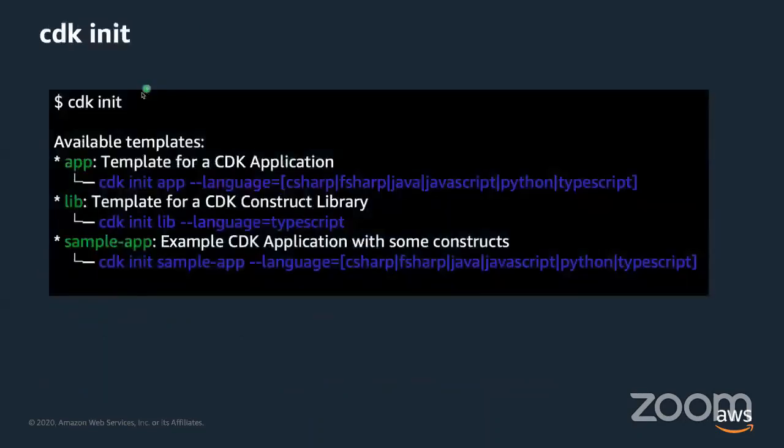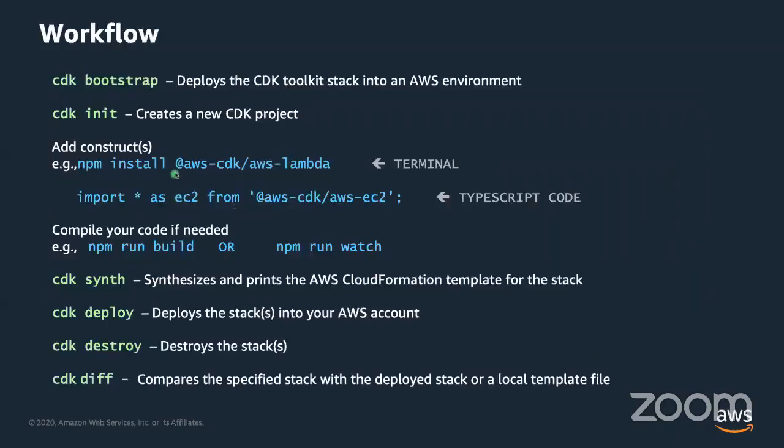So you could just say cdk init, and you can create an app, you could create a library, you could create a sample app of CDK, and you can mention whatever language you need. As simple as that. If you want to add more constructs into your project, you just have to give this command at your terminal, like npm install that construct, and just import it in your code.